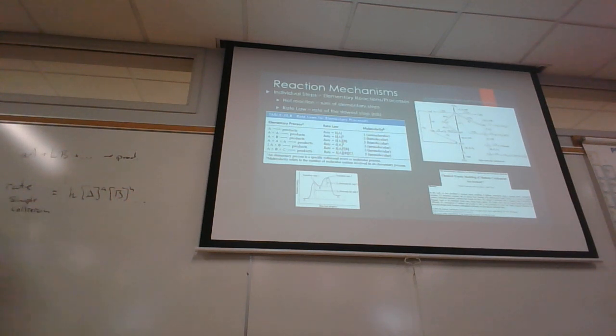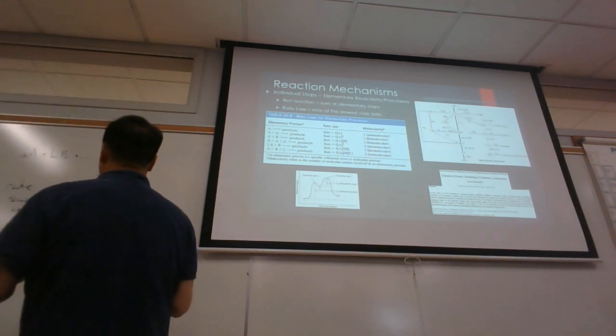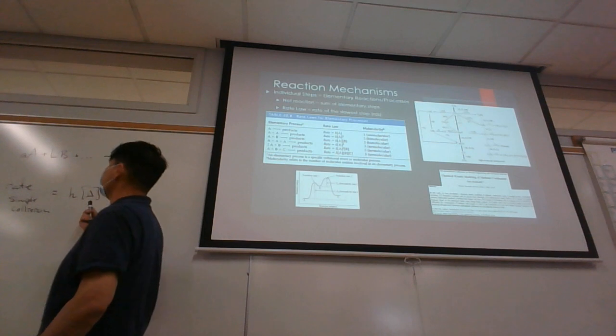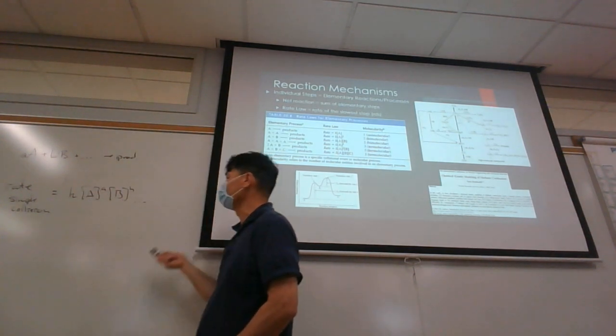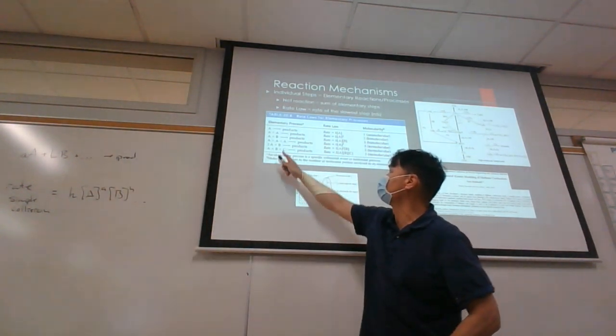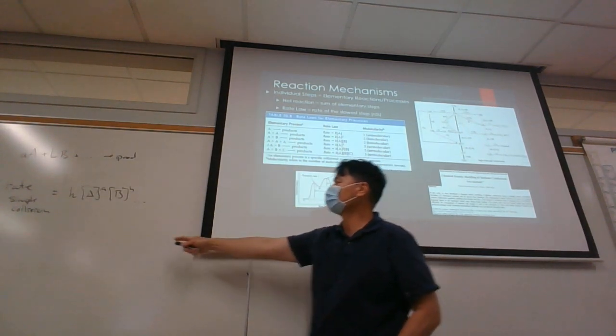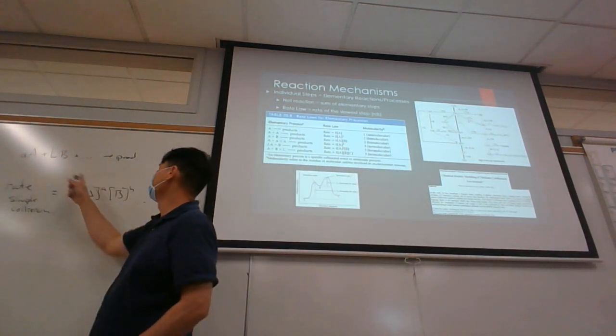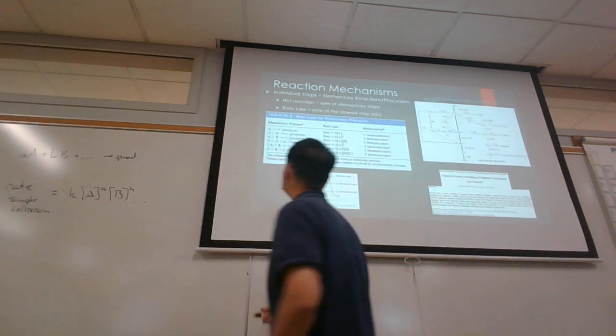So if we double A, that is, if we need 2 A's, then it's going to depend on the right A and the left A, or whatever you want to do in terms of orientation. And so it'll be second order. If we only have 1 A, then it'll be first order, etc.